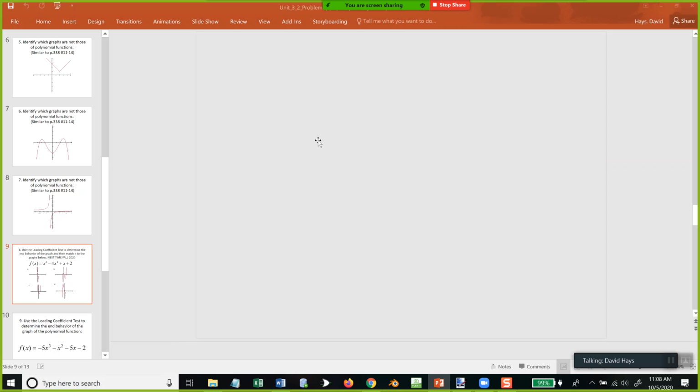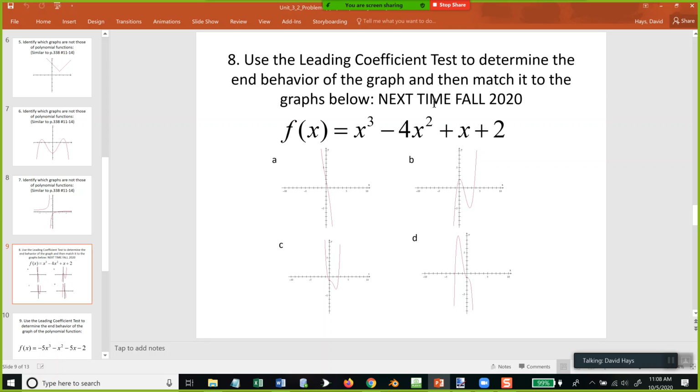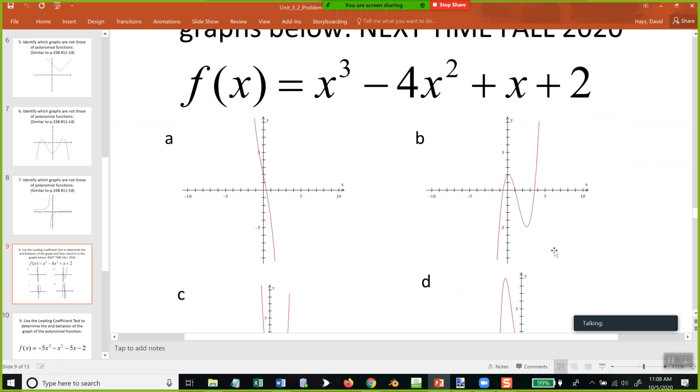Okay, so for this problem here, they want us to match the function to the graph. Now, if I look at my function up here, our first term, our leading term, is x to the third. The coefficient is the number in front of that, which is a positive 1, and then it's an odd degree, so odd power.